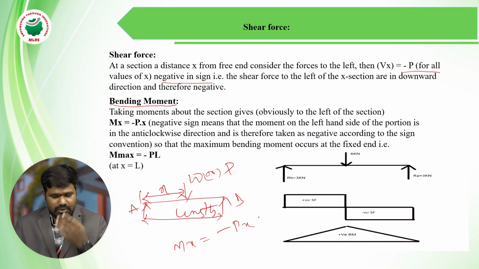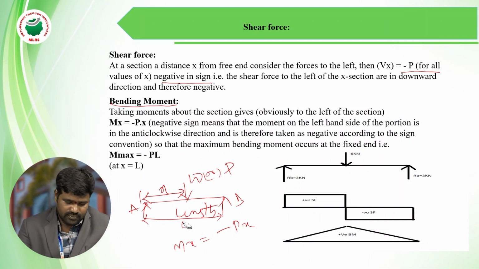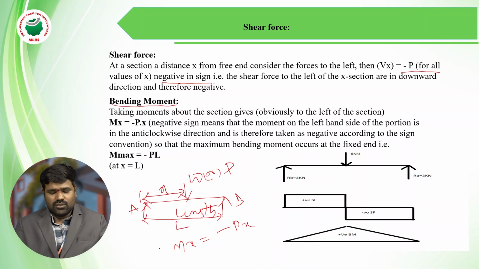Negative sign means that the moment on the left hand side of the portion is in the anti-clockwise direction and is therefore taken as negative according to the sign convention. So the maximum bending moment occurs at the fixed end, that is M maximum equals negative PL at x equal to L. So this is called length L, x distance equal to L.